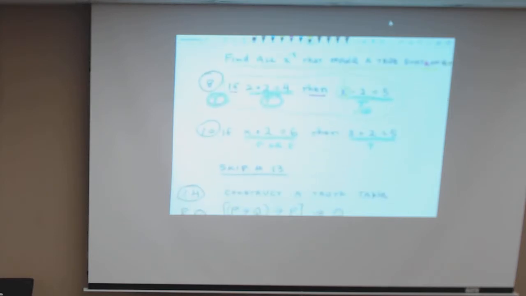Number 10. Here's another if-then. If x plus 2 is 6, now is that true or false? Depends on what you put in place of X, right? If I said x was 2, that would be false.